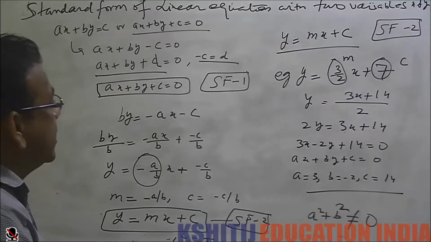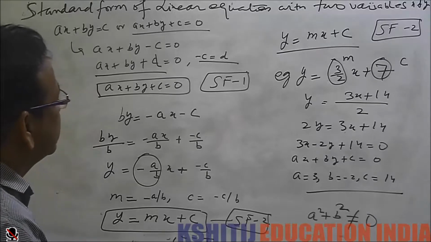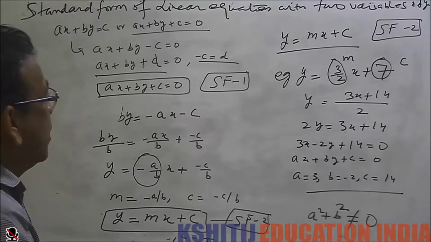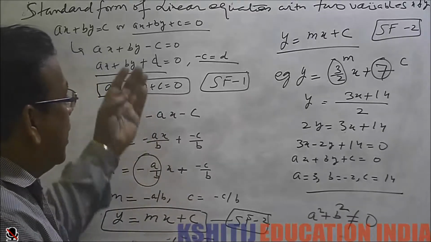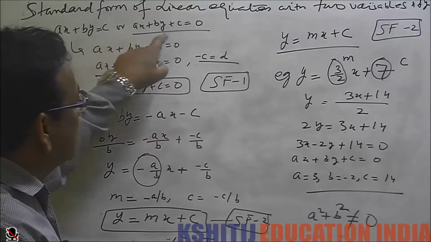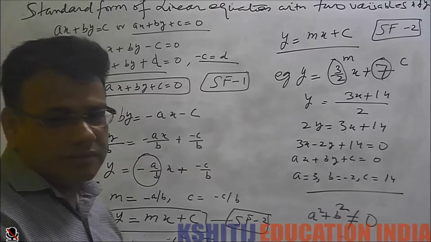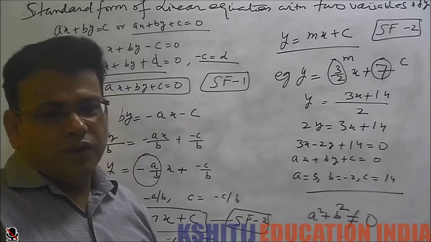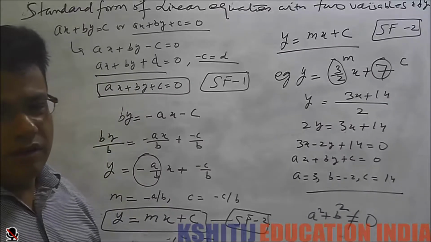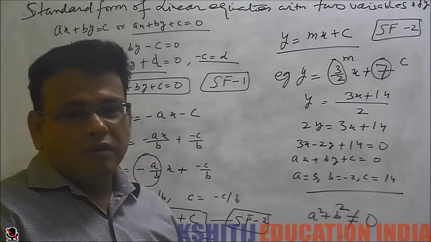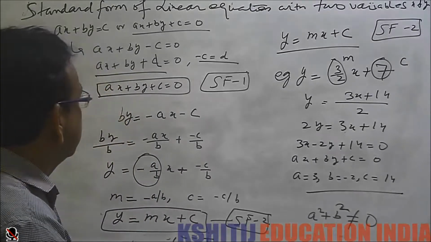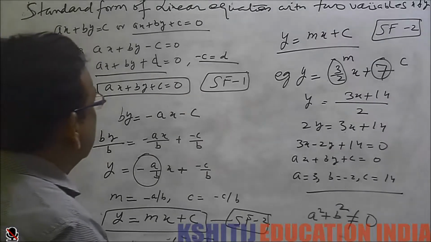Now the next thing is, how do we solve such an equation? As of now, we are given only one equation. There are two unknowns, so we need to have one more equation.